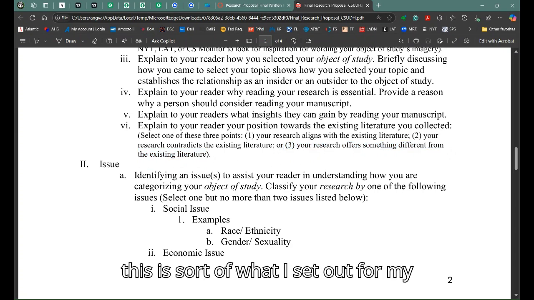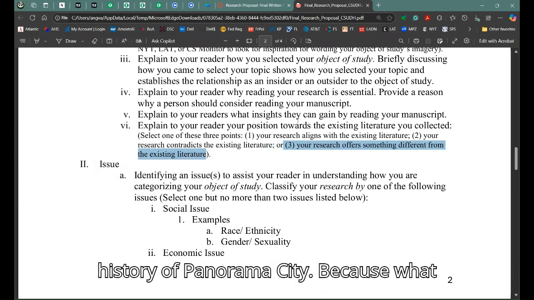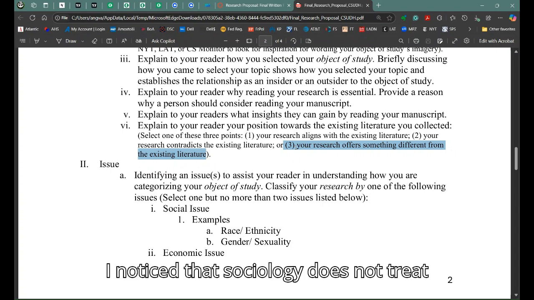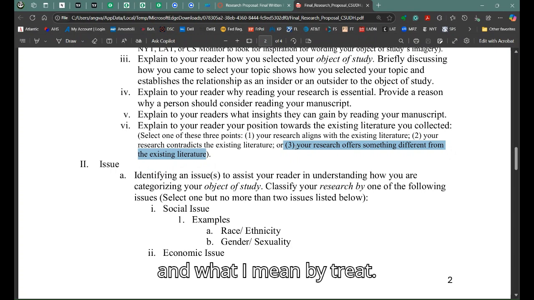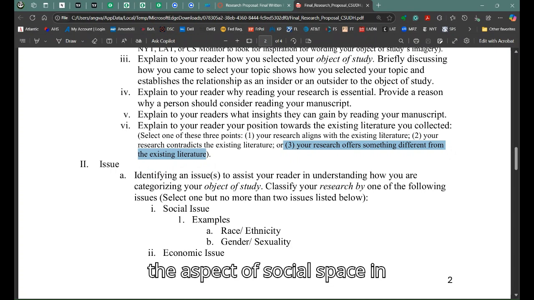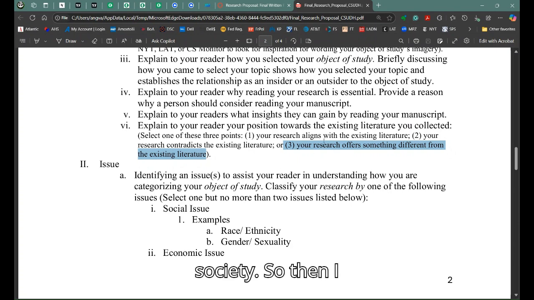Right? And this is what I set out to do in my book on the Spatial History of Panorama City, because what I noticed as a student is that sociology does not consider the aspect of social space in relationship to human interactions in society.